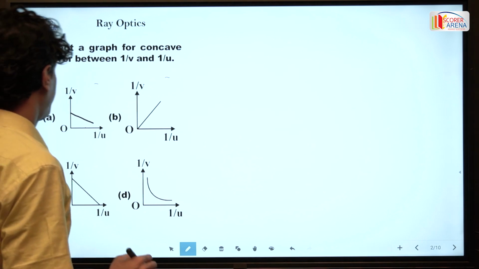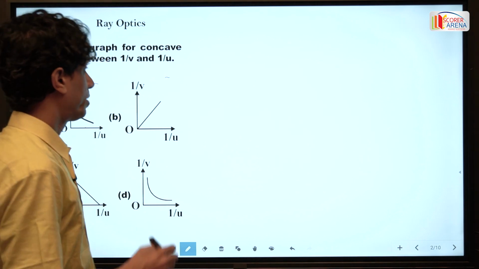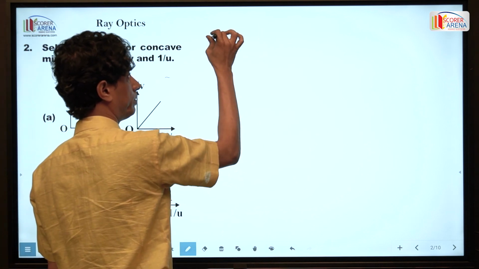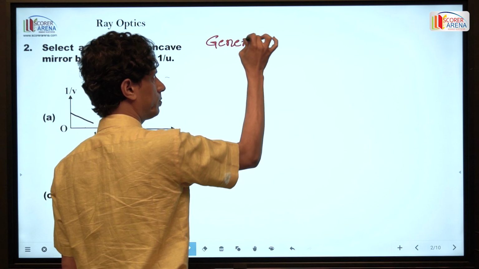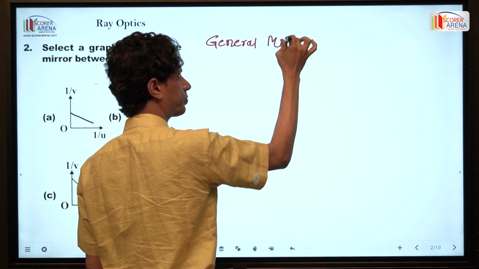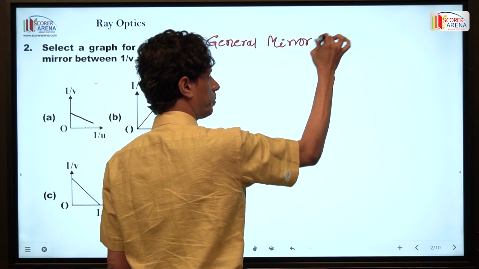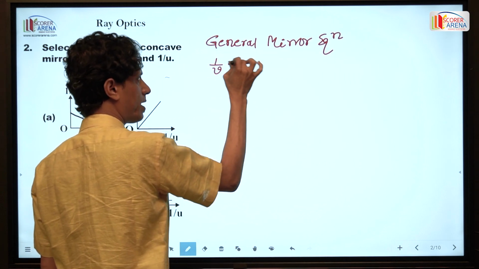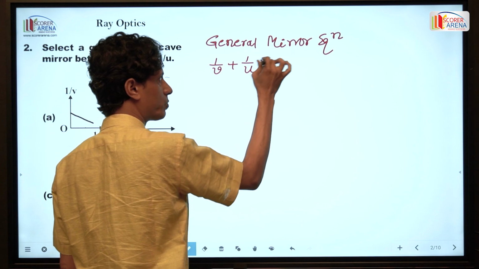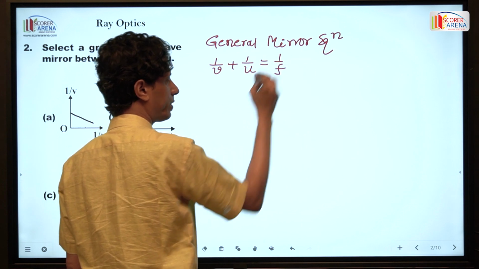Select the graph for concave mirror between 1 by v and 1 by u. We know the general mirror equation, 1 by v plus 1 by u is equal to 1 by f.